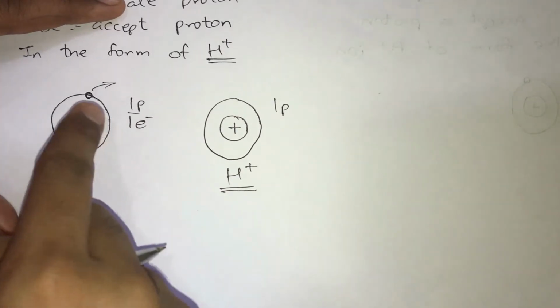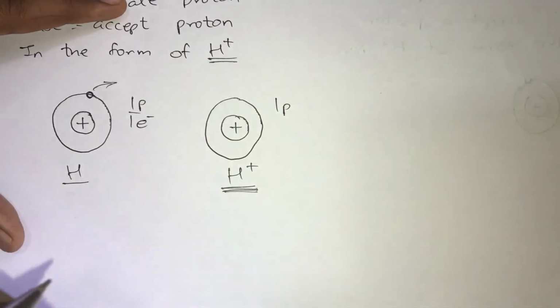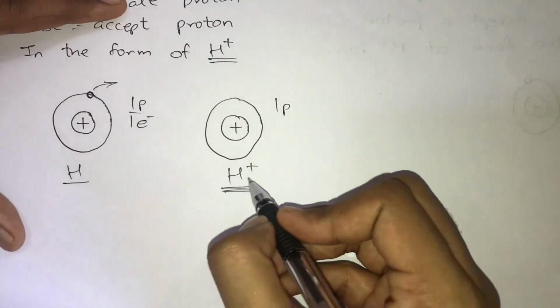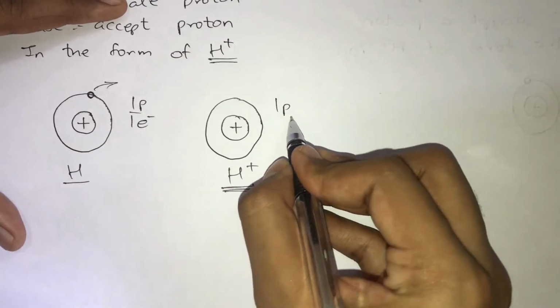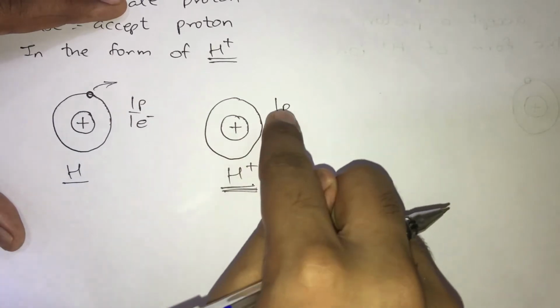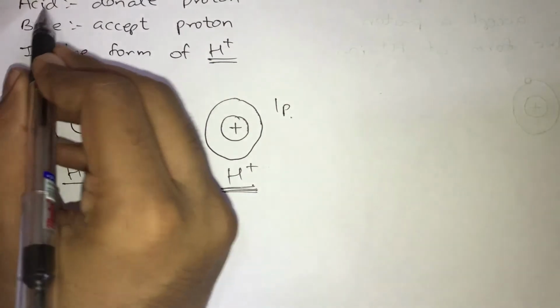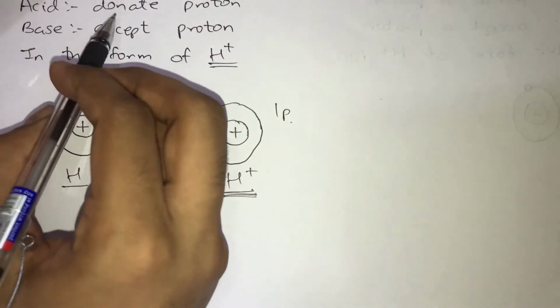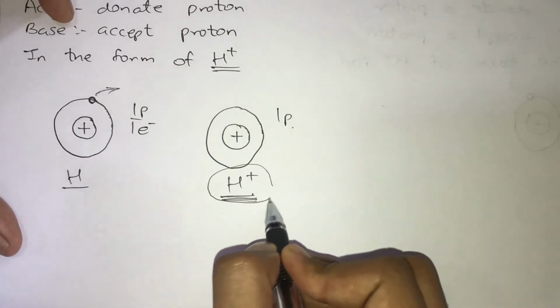When you remove one electron from a hydrogen atom, you get an H plus ion. Now guys, can I say that this H plus ion is equivalent to one proton? Why? Because this H plus ion has only one proton. So the acid and base are going to donate and accept protons in the form of H plus ions.